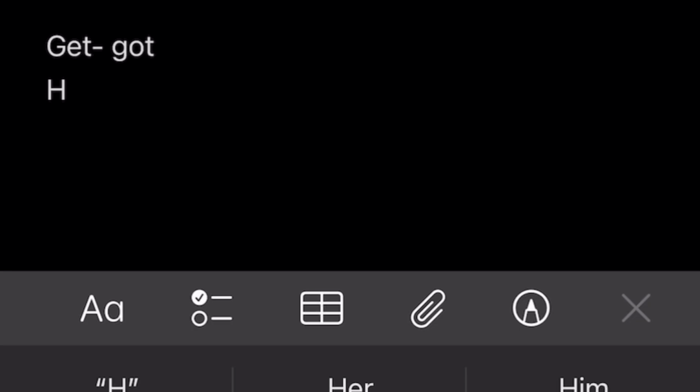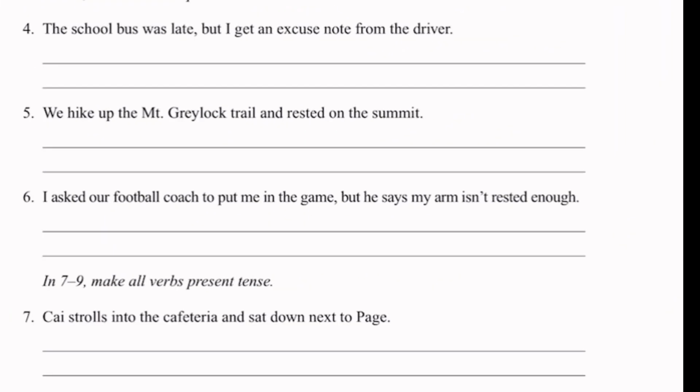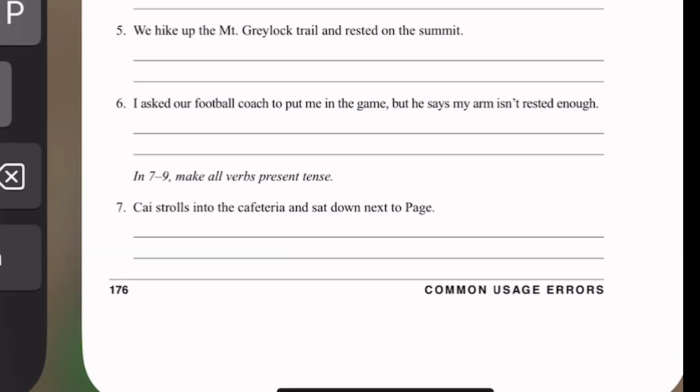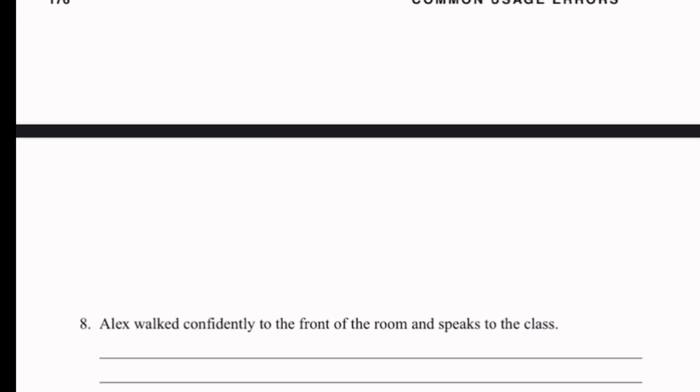The hike is going to be what? Hiked. Do you understand that? All right. I asked our football coach to put me in the game, but he says my arm isn't rested enough. I asked our football coach to put me in the game. It will be what? But he what? The says we change to said. Do you understand that? So that's it about that.